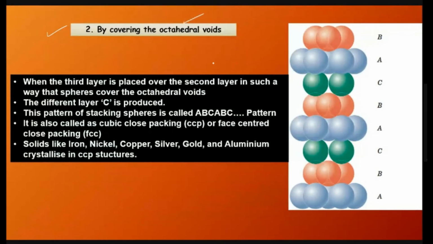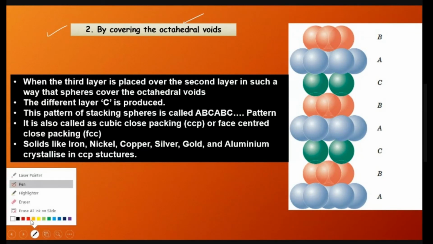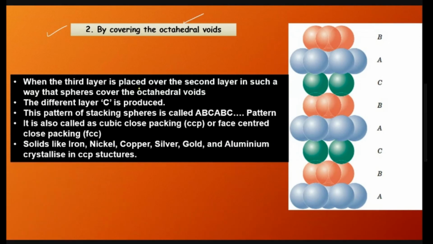So when the third layer is placed over the second layer in such a way that the spheres cover the octahedral voids, this is the important thing, a different layer is produced. That layer I will name as the C layer.